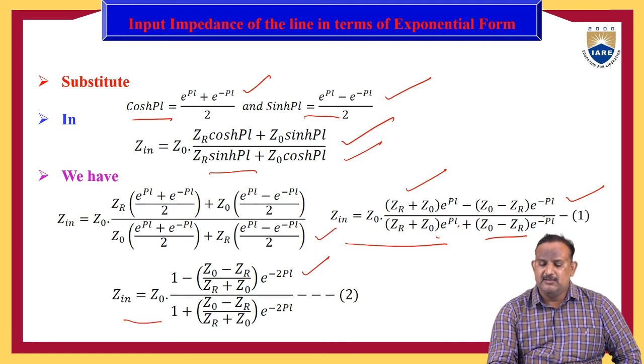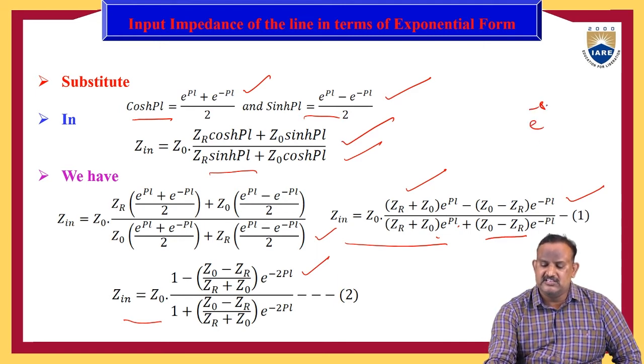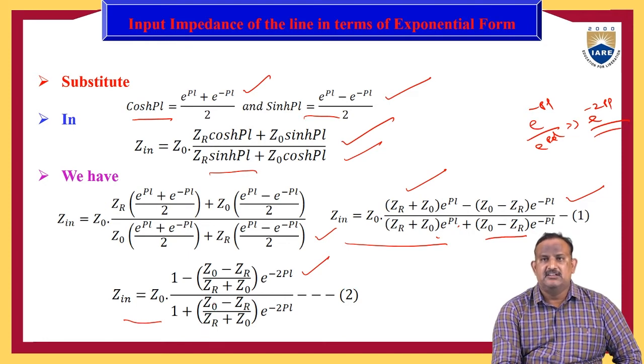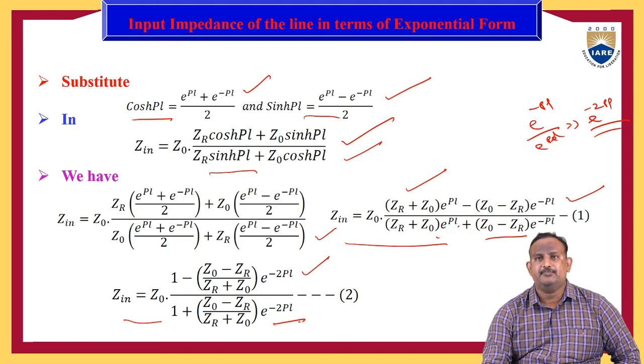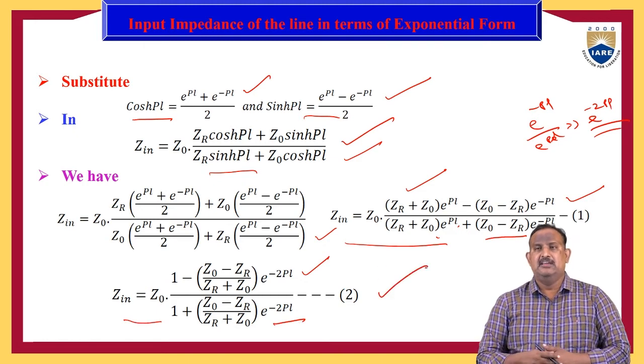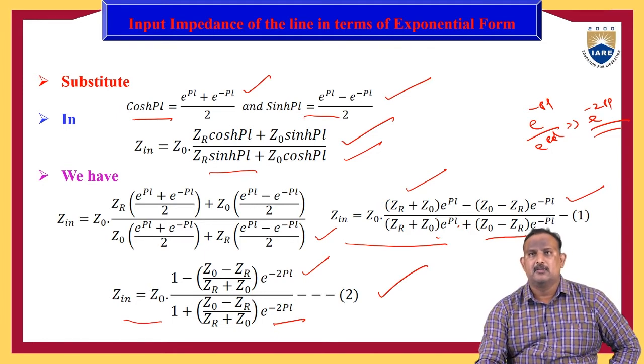E power minus PL by e power PL, which is e power minus 2PL. It becomes e power minus 2PL by 1 plus (Z0 minus ZR) by (ZR plus Z0) into e power minus 2PL. So this is the input impedance of a transmission line in exponential form.